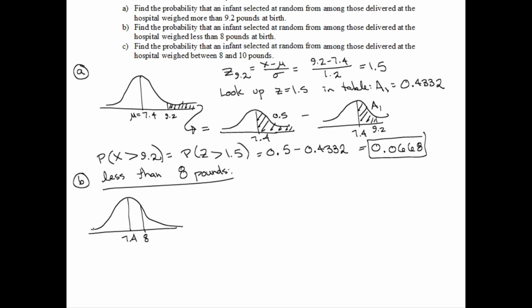Less than 8 pounds will mean everything to the left. So that means all of this area. So we don't have areas like that on our table.